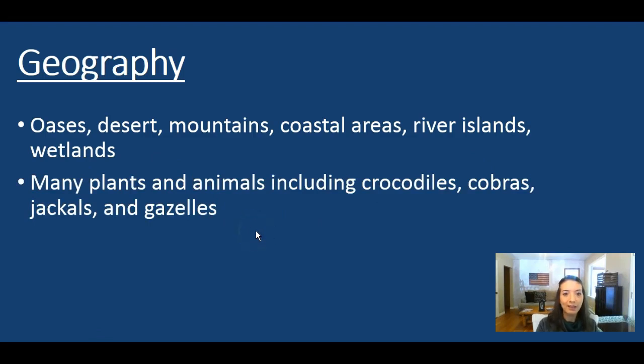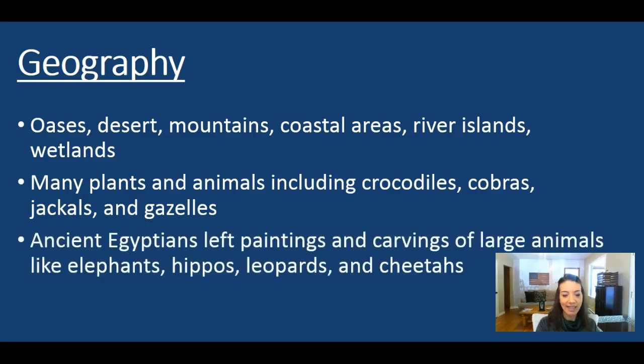Many plants and animals, including crocodiles, cobras, jackals, and gazelle, live in Egypt. On this note, I want you to know that ancient Egyptians, we know that there were elephants, hippos, leopards, and cheetahs because the ancient Egyptians left us paintings and carvings, which means they were living amongst these types of animals.